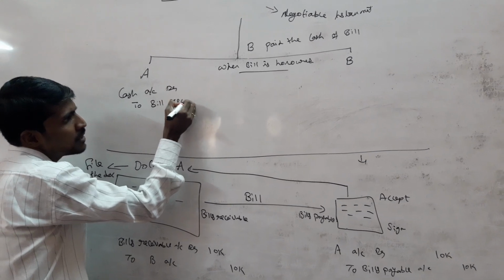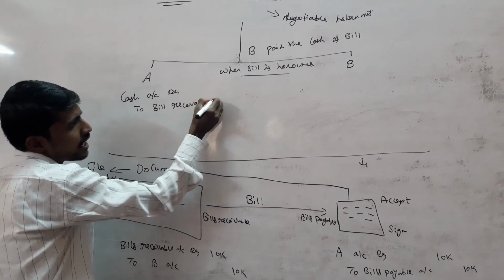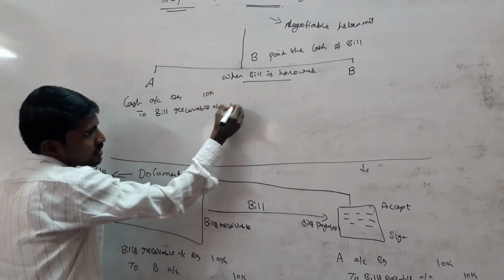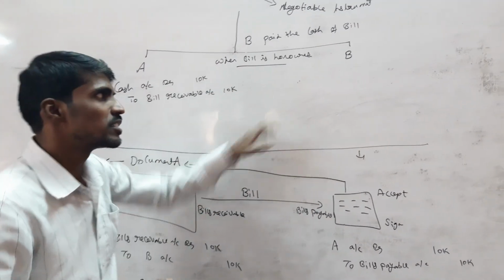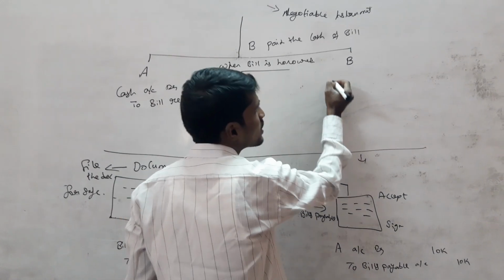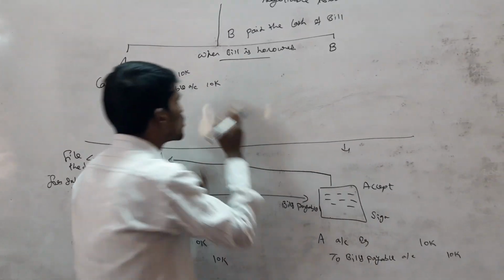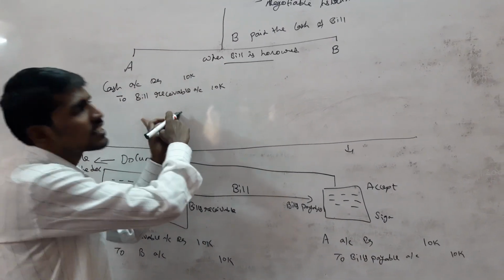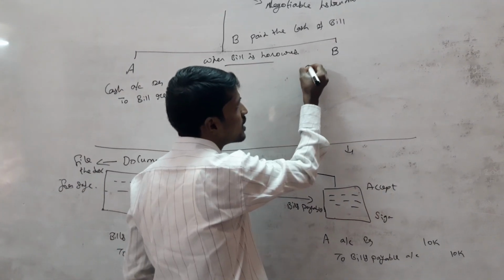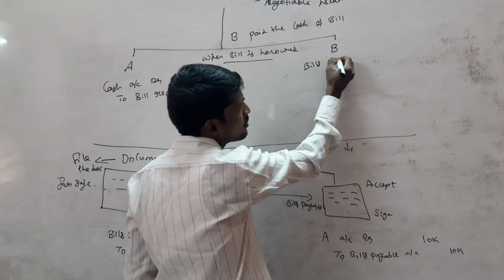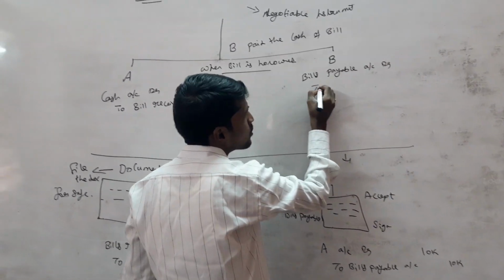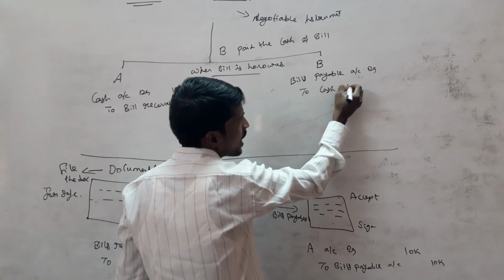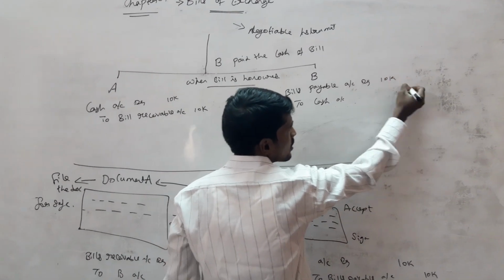That is bills receivable account 10,000 and 10,000. మనకు బిల్ అవసరం లేదు ఎందుకంటే క్యాష్ వచ్చేసింది కాబట్టి. Same to same, B. What is he paying? What is he receiving? Whatever bill was given to A will come back to B. That is, bill pay చేసారు కదా, that will come inside. Bills payable account debit to cash account 10,000.